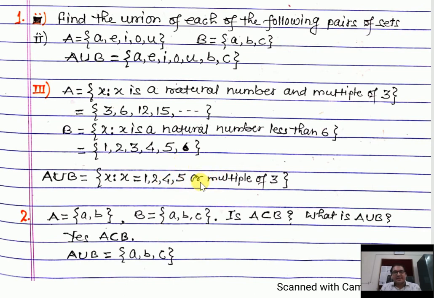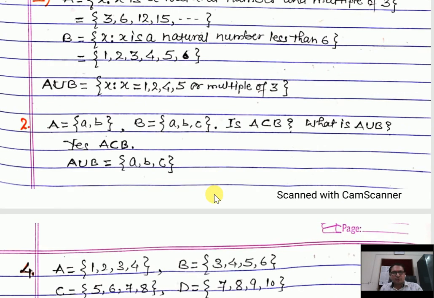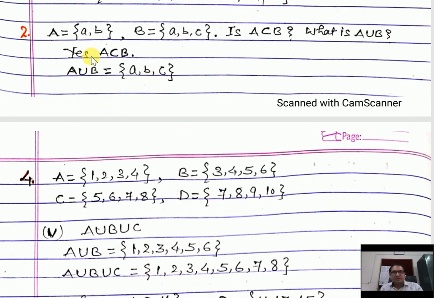OR indicates union, AND indicates intersection. AND means common, OR means non-common values also, like union. So 1, 2, 4, 5 or multiple of 3 means all values which are multiples of 3 you have to write over here.